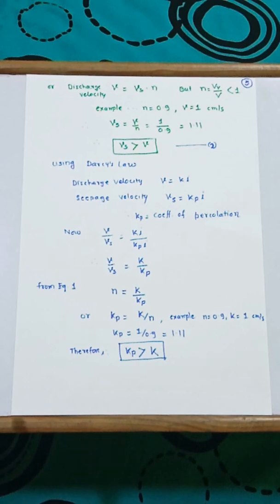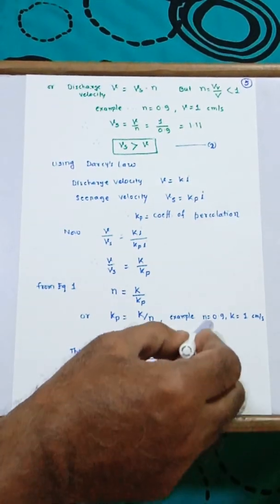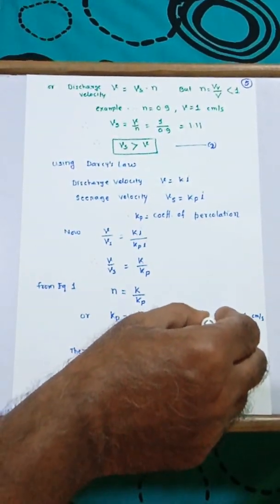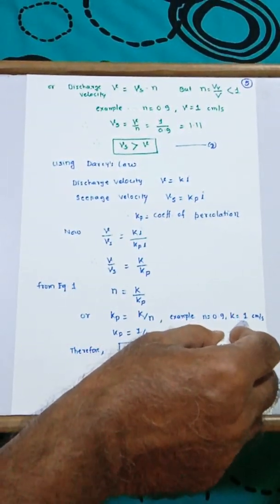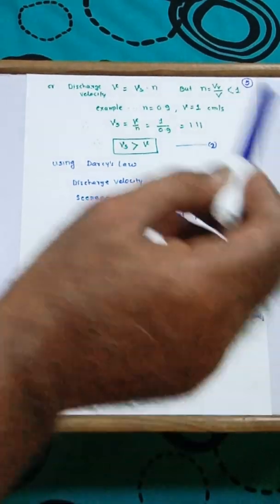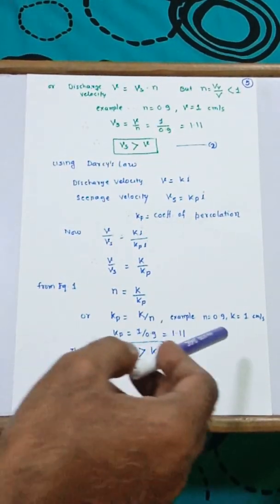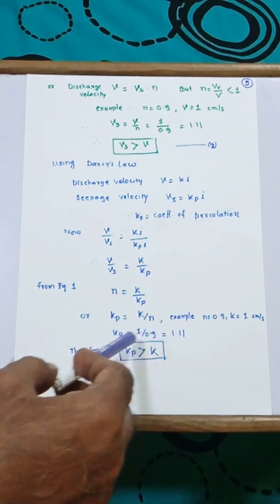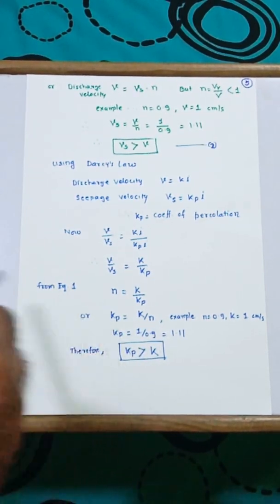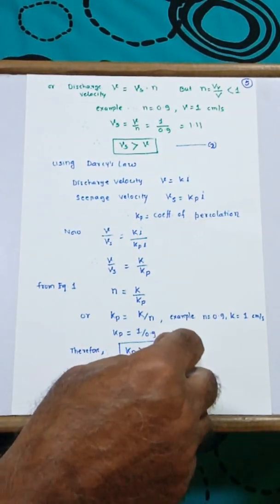So again in an example, if I take the n value as porosity 0.9, and suppose the K value, coefficient of permeability, I take as 1 centimeter per second, again I get Kp equal to 1.11.